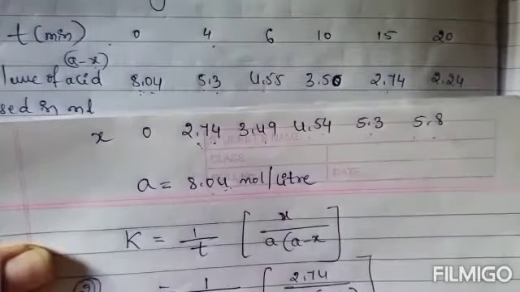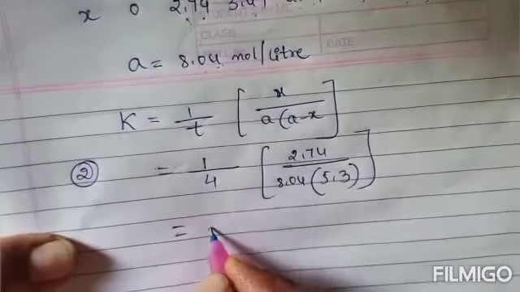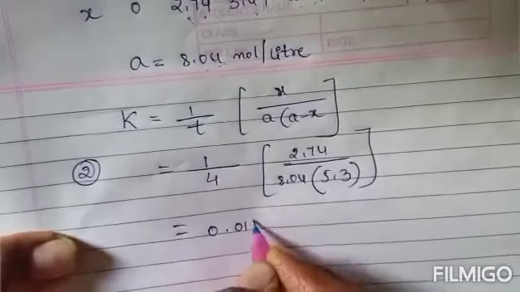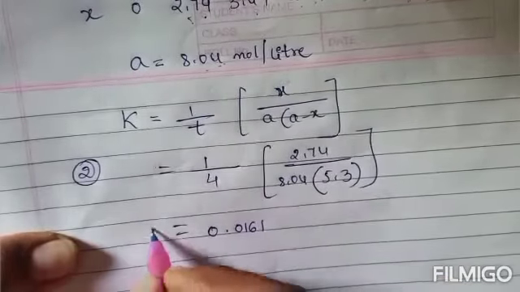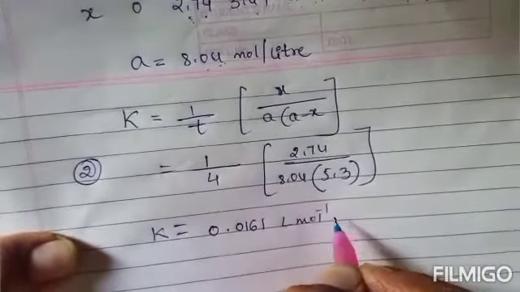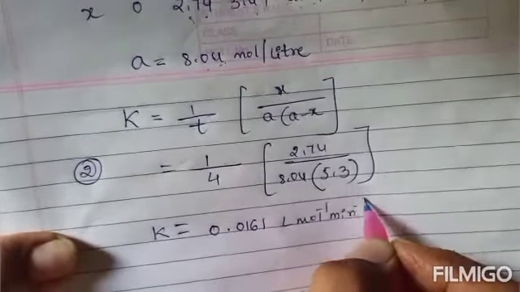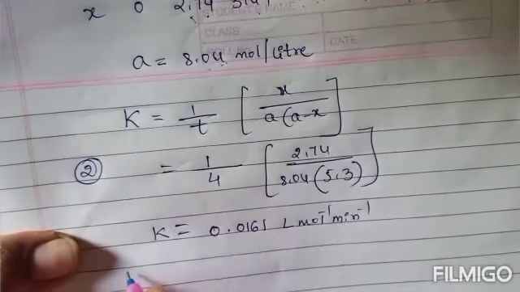By calculating this, we will get the answer 0.0161 liter per mole per minute.